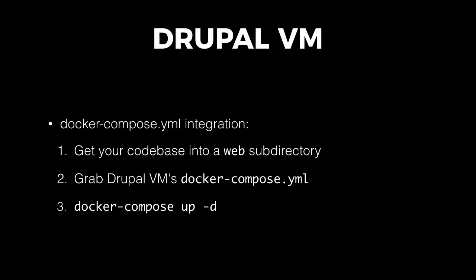You can use it with an existing code base if you just grab Drupal VM's Docker Compose file. If you download that, put it in your site's root folder, and then run docker-compose up -d to put it in the background, then it will start up a Docker container running your local environment with your code base shared inside of it.